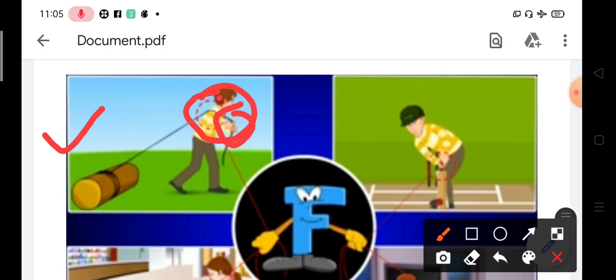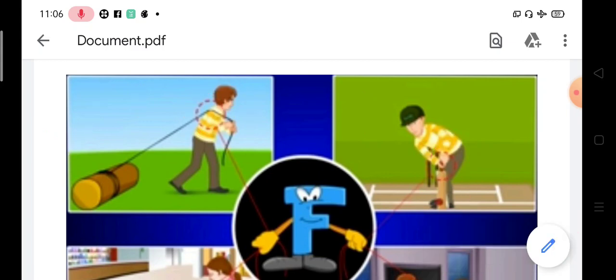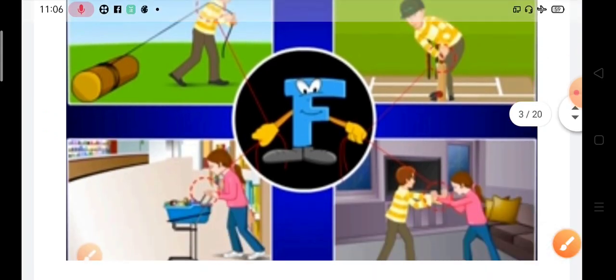In the second picture, you can see that this boy is playing cricket and he is holding a bat in his hand, and he is applying a force on the bat to hit the ball.